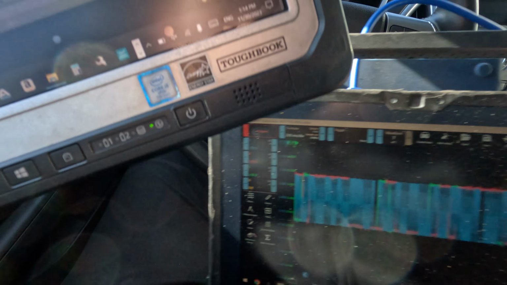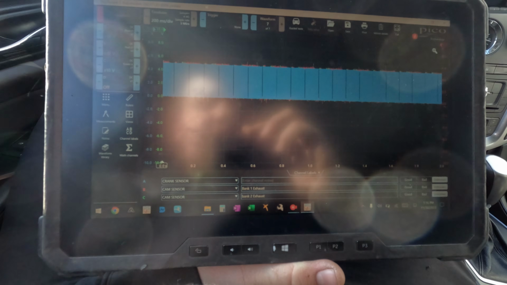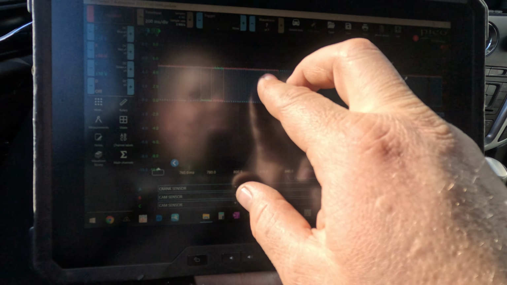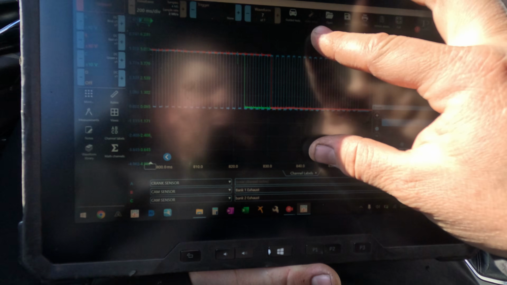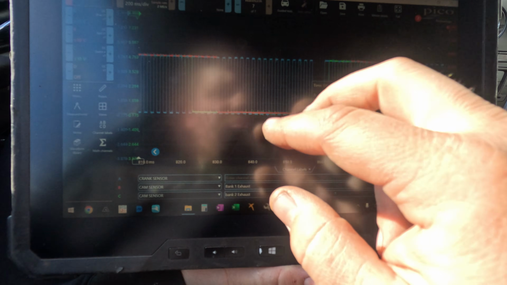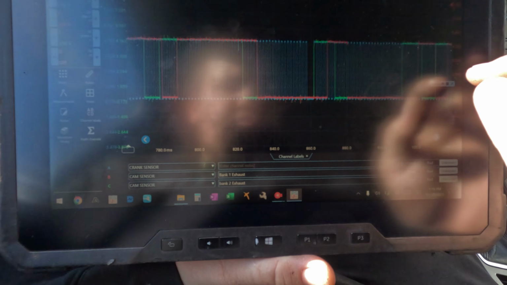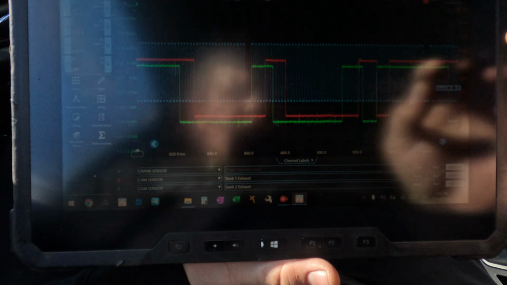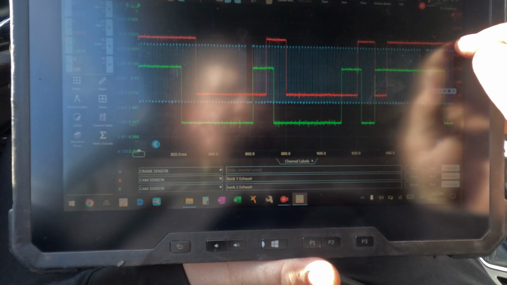Okay, so now we're gonna look at ours. Okay, here we are. This is the bank 1 and 2 exhaust. There we go, loaded. Okay, so now let's try to find where we are. Let's just move these down. Okay, so this is the exhaust.